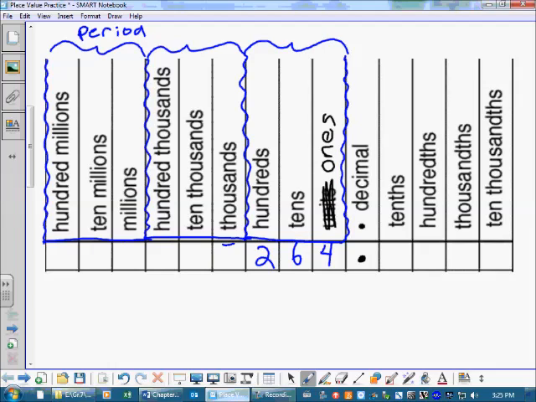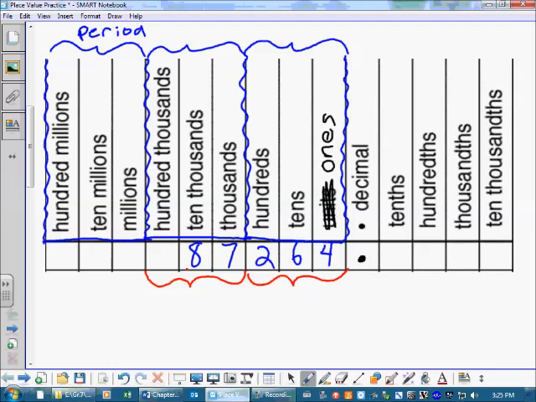Now, if we increase that a little bit, this one we have 87,264. When you're reading numbers like this, you read it in groups, in your groups of 3. So in this number, we're going to read this first, and then we're going to read this.